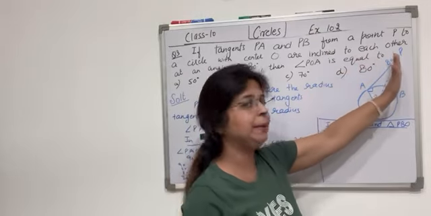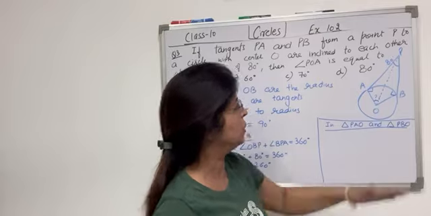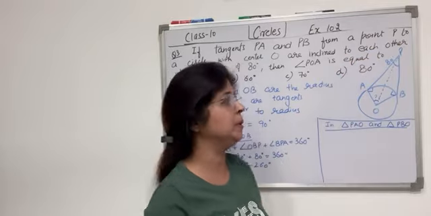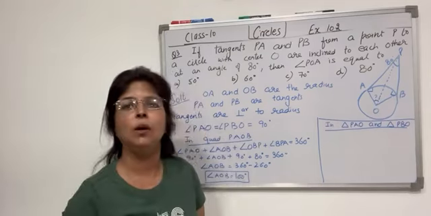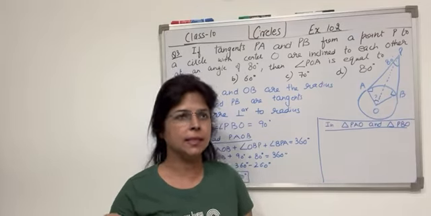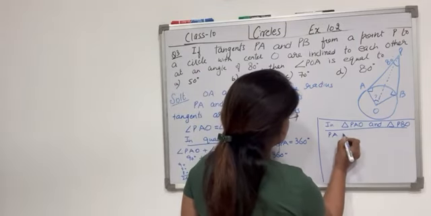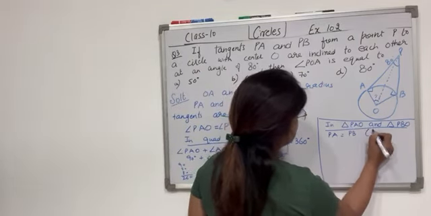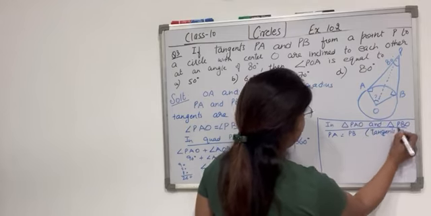And PA and PB are the tangents from a common point. It means their lengths are also equal. So PA is also equal to PB. So if I see these triangles PAO and PBO, these two triangles are congruent by SSS. So this is what I am going to write first. PA is equal to PB. These are the tangents, and that too from a common point.